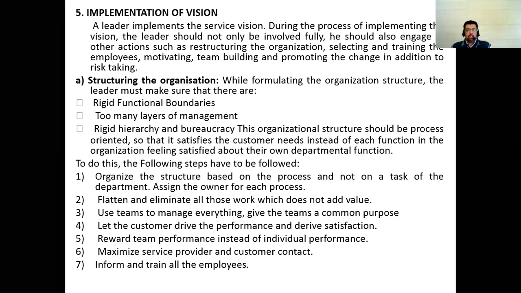In implementation of vision, as I mentioned already, structuring the organization is very important. How are you going to structure any organization? While formulating the organization structure, the leader must make sure that there are rigid functional boundaries to maintain the functions: planning, organizing, directing, staffing, controlling.